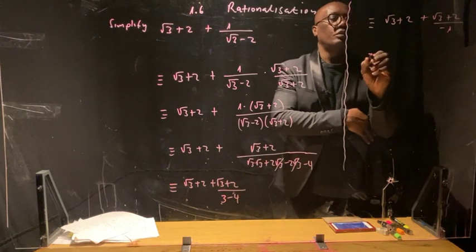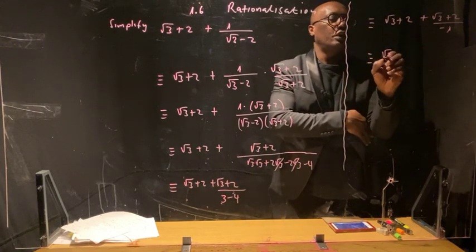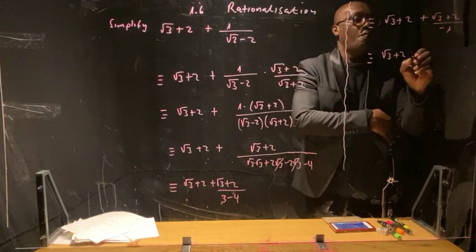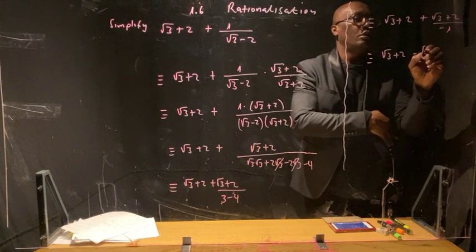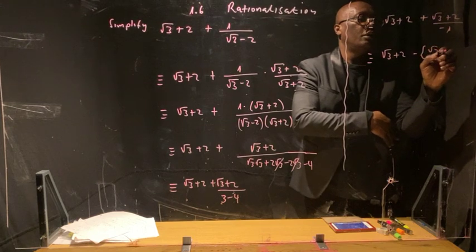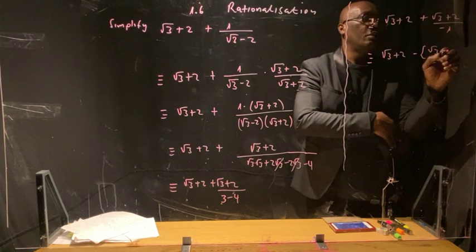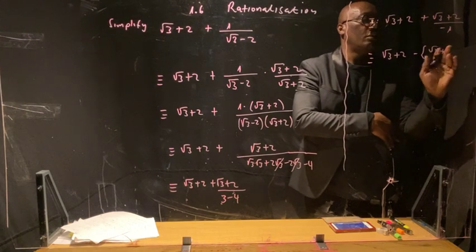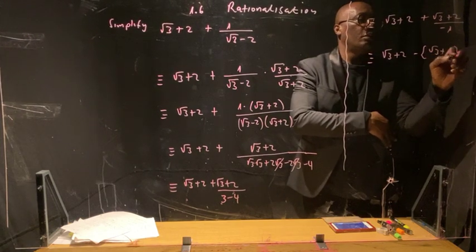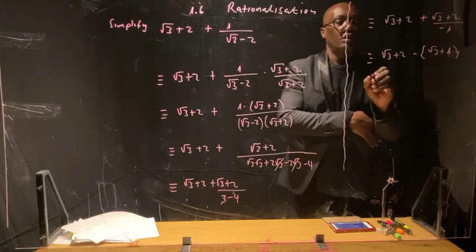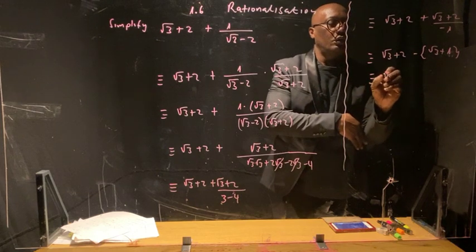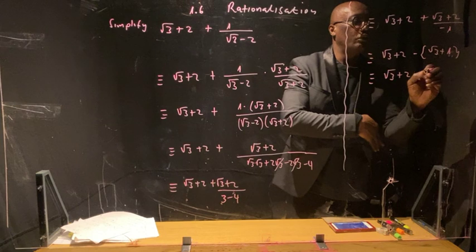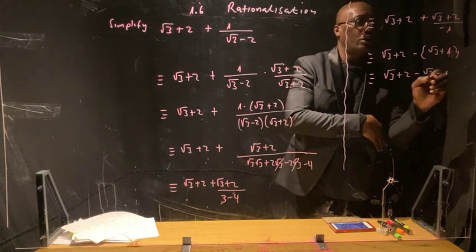So it becomes root 3 plus 2 minus root 3 plus 1. Because of this minus, it becomes root 3 plus 2 minus root 3 minus 1.